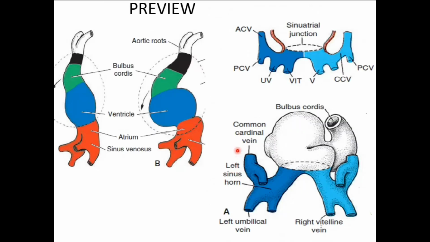So you have already done the development of the heart from the heart tube, and you know that the sinus venosus is the venous end of the heart tube or the cardiac tube, and the sinus venosus has got two horns, the left horn and the right horn, and each horn has got opening of three sets of veins, that is the Vitelline, the umbilical and the common cardinal vein, and the common cardinal is formed by the anterior cardinal and the posterior cardinal vein.